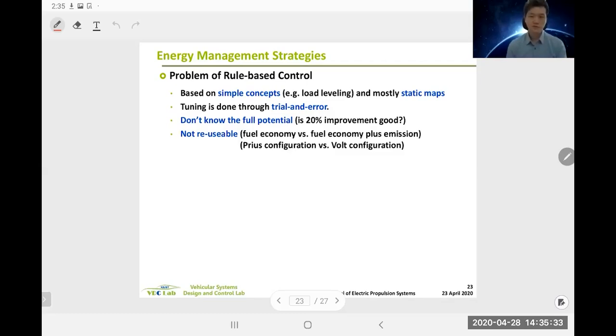And what happens if your powertrain changes, or what happens if your target vehicle changes? Your tire can change, your transmission can change, a lot of things can change. And if you have to optimize based on trial and error, then that's going to be very inefficient. And you're not even sure how close you are to the reference, meaning performance limits. Right?